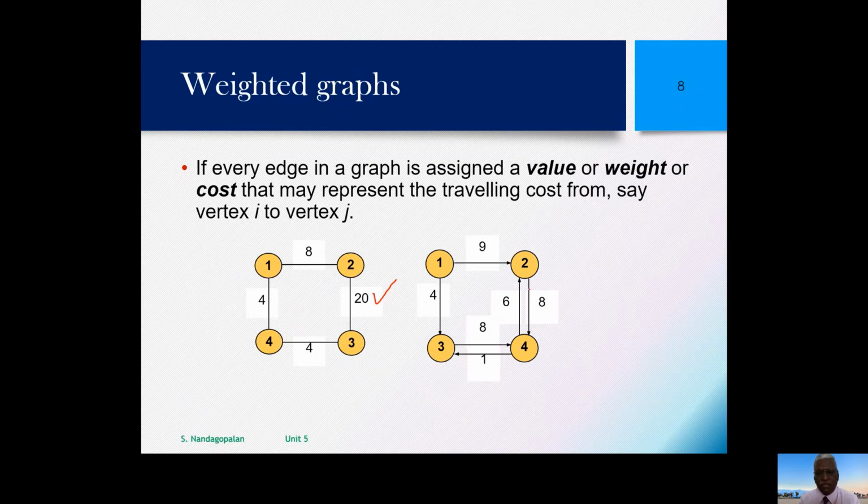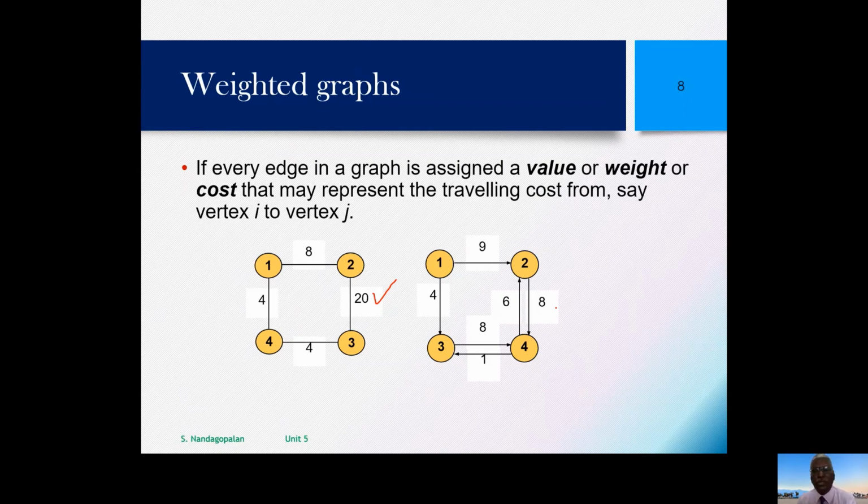For 4 to 2, or any pair of vertices, if the cost is different, then it signifies that the cost of traveling from I to j and j to I may not be the same. So we have to be very careful about the weighted network, whether we are talking about directed or the undirected graph.